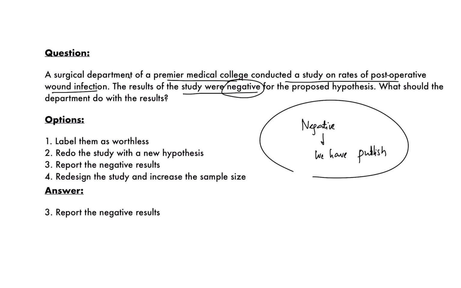That's the reason there is no point in conducting research and then leaving it unreported. Even when results are negative, they are worth distributing. Under-reporting of negative outcomes causes systematic bias. So in this case, reporting the negative results is the right answer.